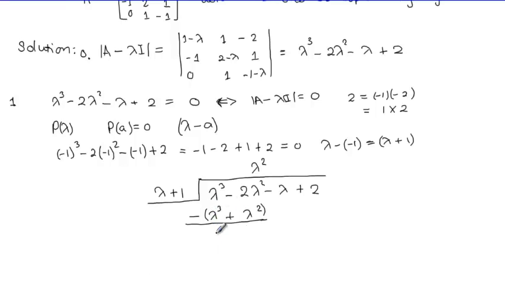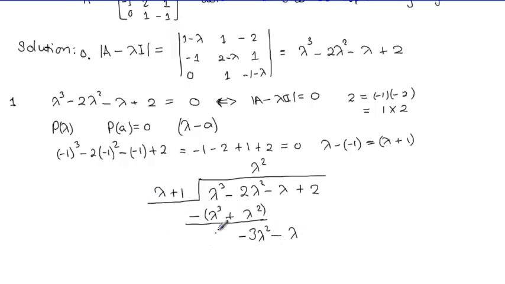We subtract here, we get 0. These signs become negative. Minus 2 minus lambda cubed minus 2 lambda squared minus lambda. That will give us minus 3 lambda squared. We bring this one down as minus lambda.